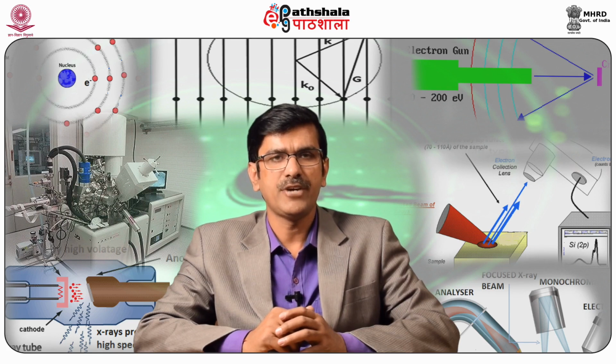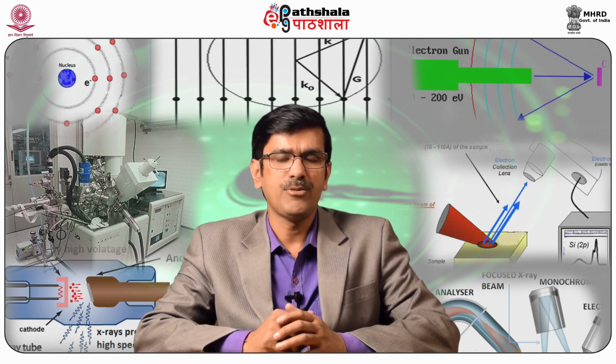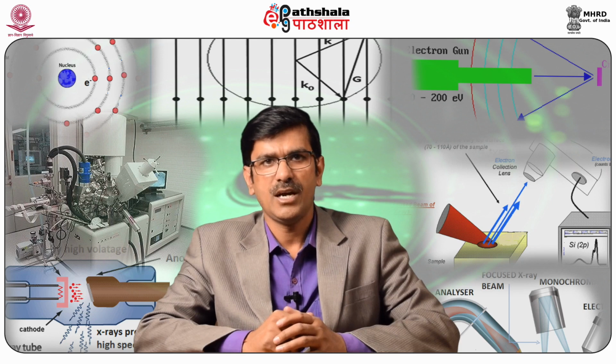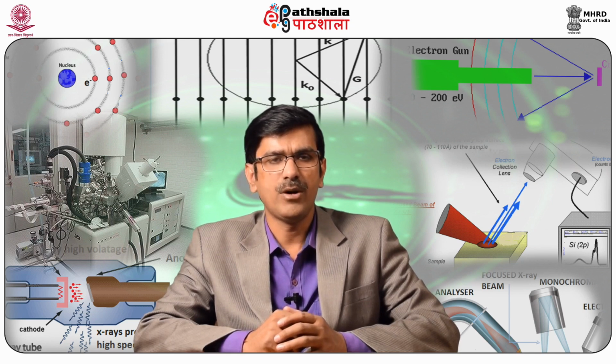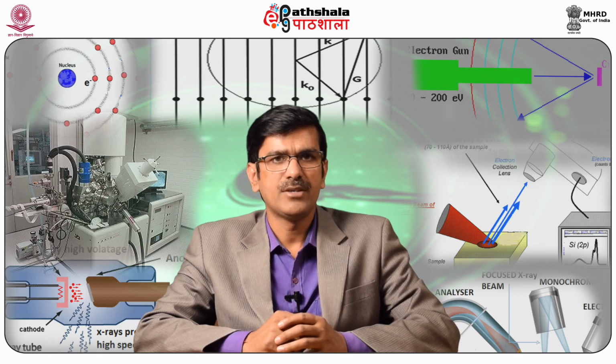XPS has many advantages. It can identify the elements present in a sample as well as provide information about chemical bonding. It means if an element present in a compound has different bonding, then such information can be provided by XPS. Other than this, if an element has bonding in different compounds, then in each case XPS will give a different binding energy of the element.